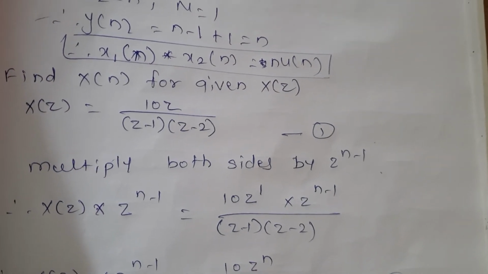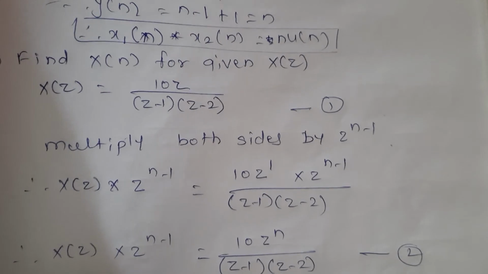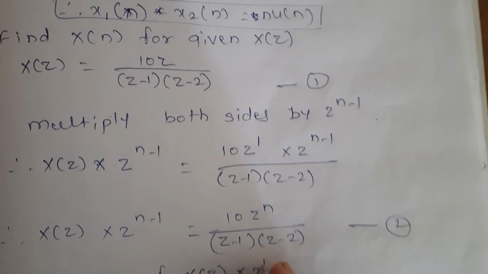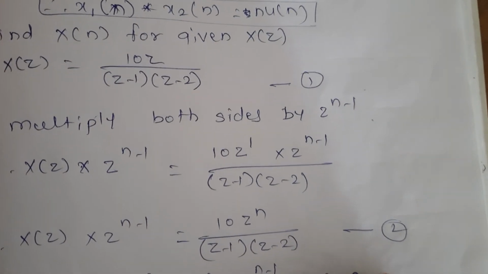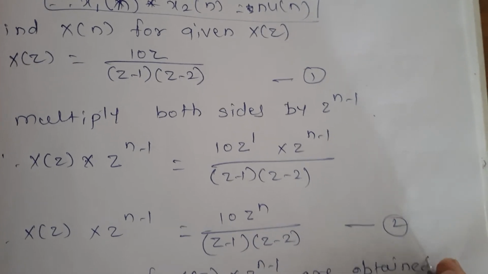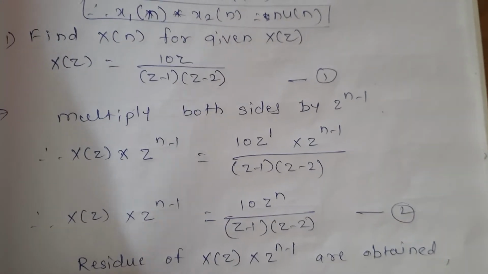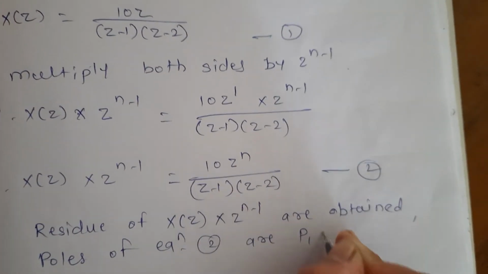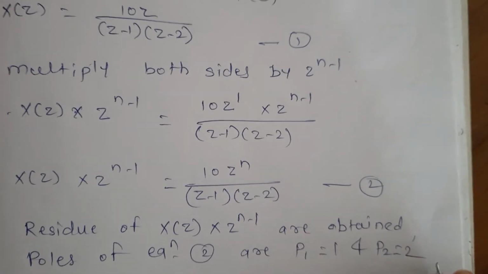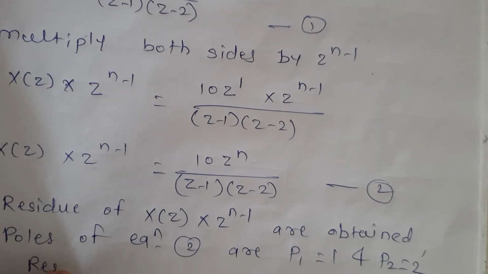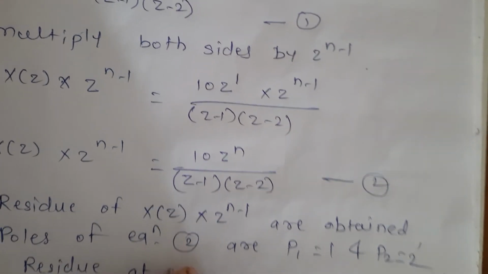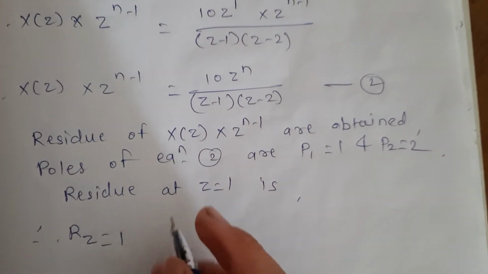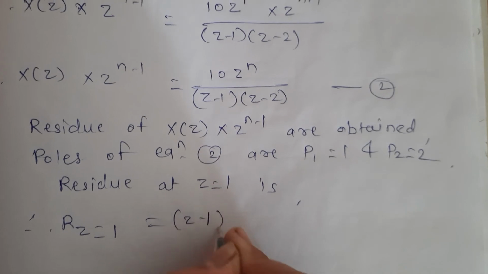Next, now the residue of X(z) z raised to n minus 1 are obtained as follows. The poles of equation 2 are p1 is equal to 1 and p2 is equal to 2. So the residue at z is equal to 1 is R(1) is equal to (z minus 1) into 10 z raised to n over the denominator.